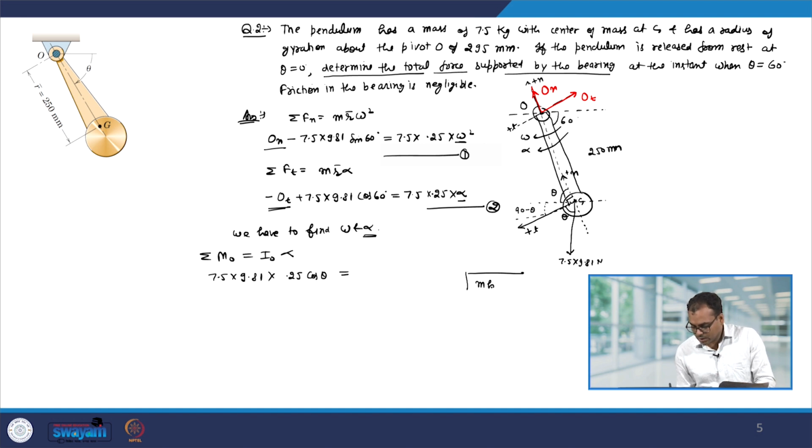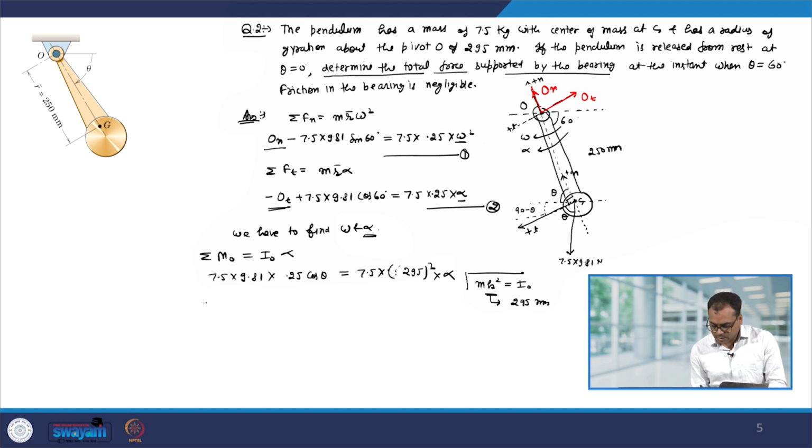So, m k square equals I O, and k is 295 mm. So, therefore, I O will be mass 7.5 into 0.295 square, multiplied by the alpha, and this gives me alpha equal to 28.2 cos theta. If we put theta equal to 60 degree, we get the instantaneous value of alpha.